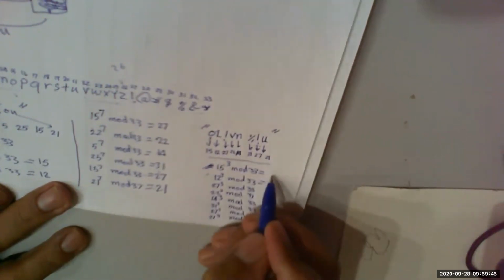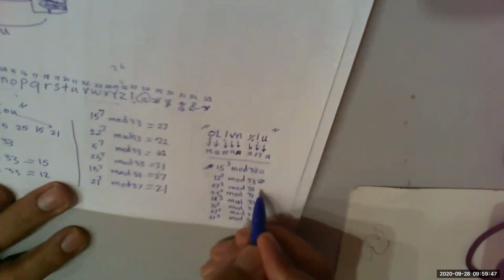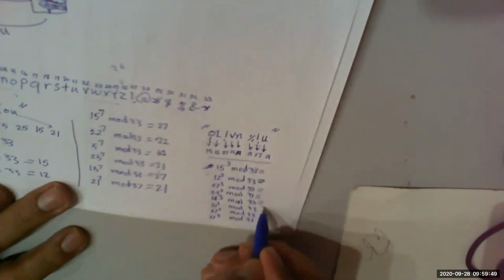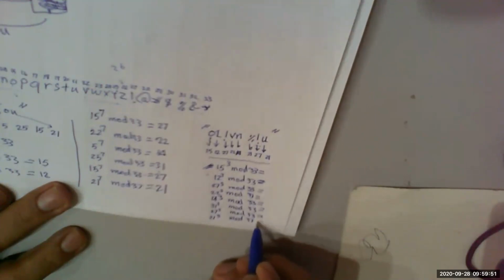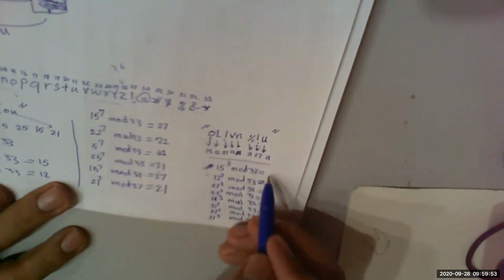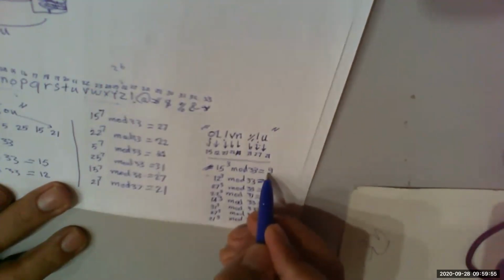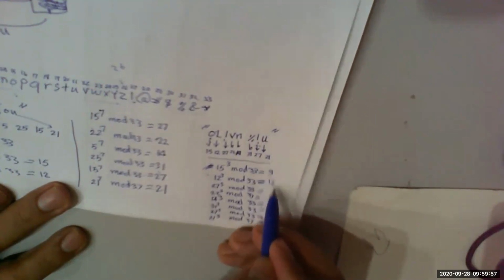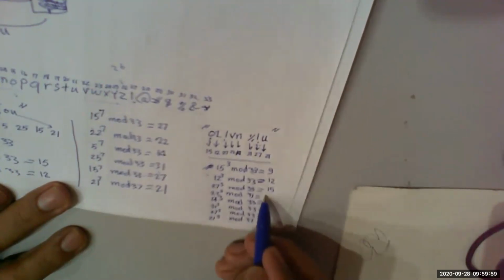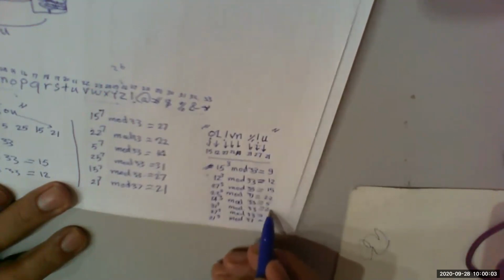If you calculate it using your calculator, this will lead to 9, 12, 15, 22, 5, 25, 15, 21.